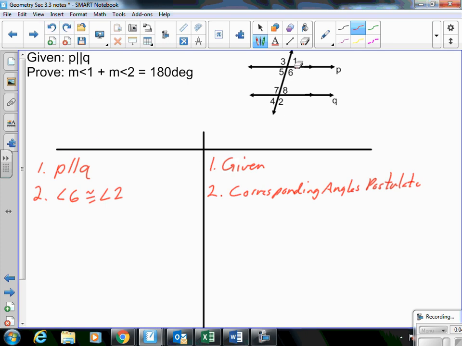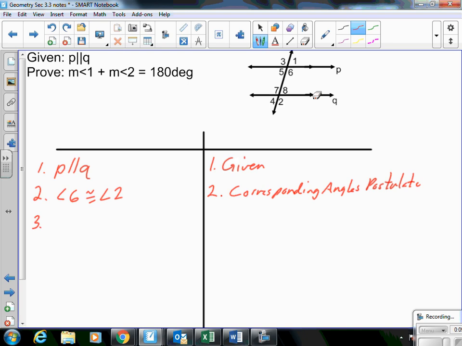And what's the relationship between 6 and 1? It's a piece of information we learned earlier in the year. Six and 1 are a linear pair, and because they're a linear pair, we know what else about those two angles? They add up to 180, or they are supplementary.